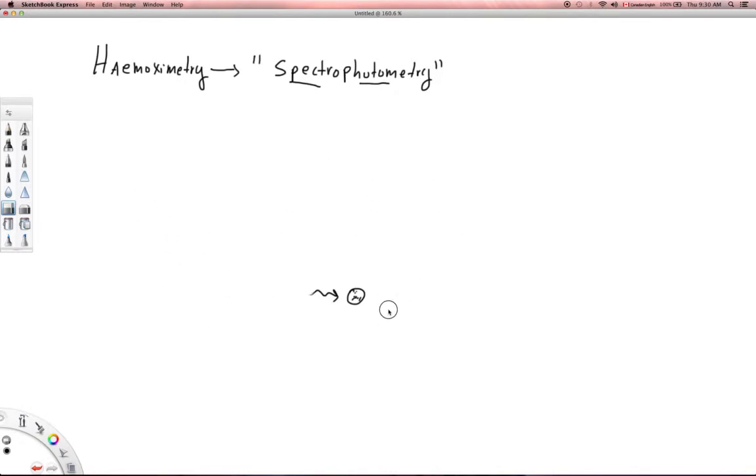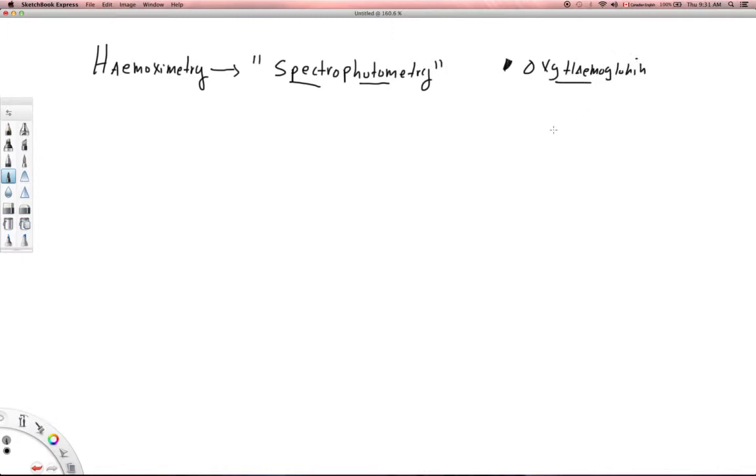It's that we know electrons and atoms and molecules will absorb very specific wavelengths of light. So when it comes to oxygenated hemoglobin in the blood, I have oxyhemoglobin.